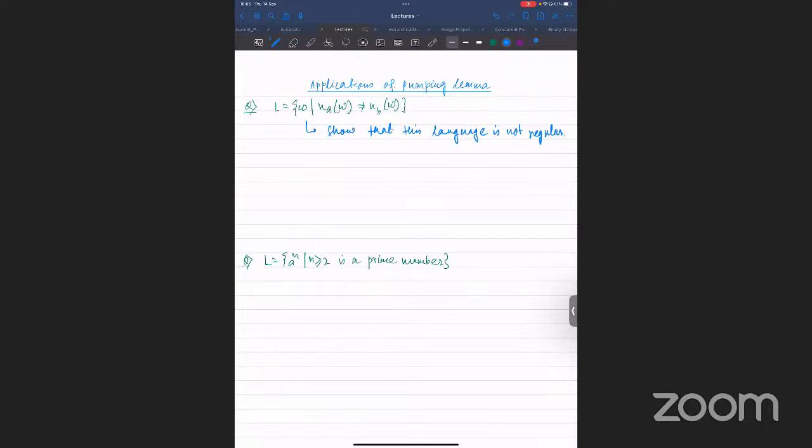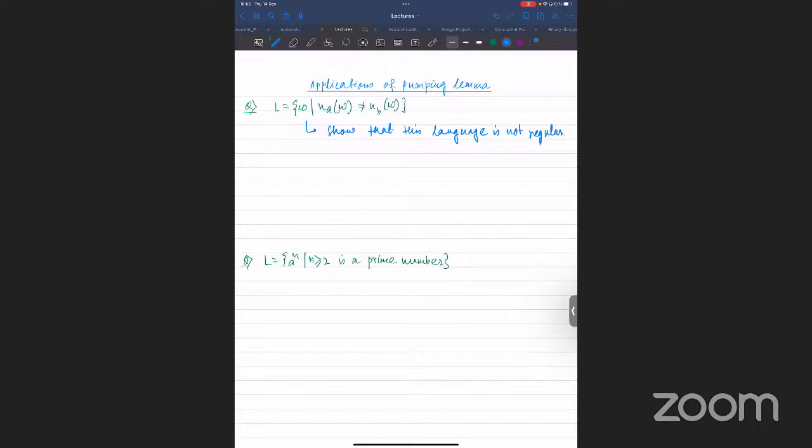So what closure properties do you know? Intersection is one. Other things? Complementation. Yes. So can you use complementation? Right.